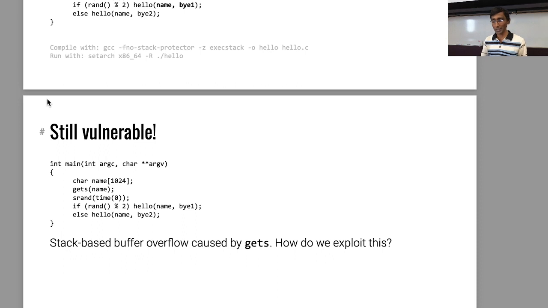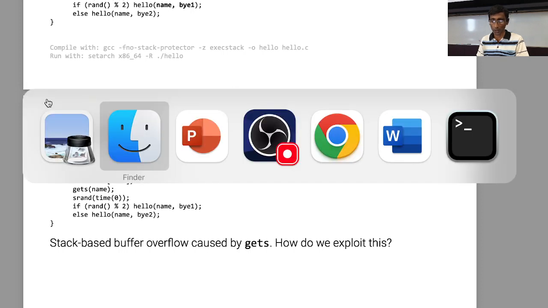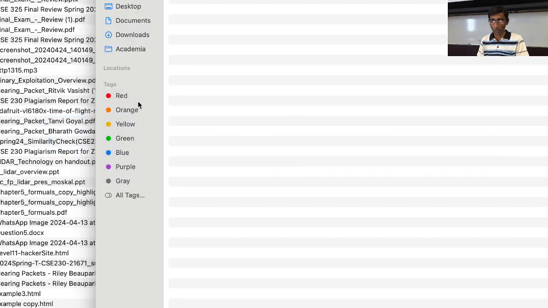We can craft this into the specific location and then write exactly the shell code that we wanted to achieve. For example, we saw the shell code in the beginning for how to read the flag.